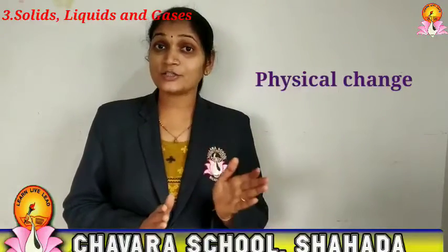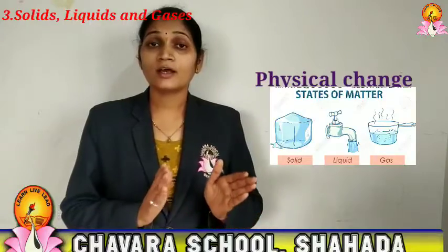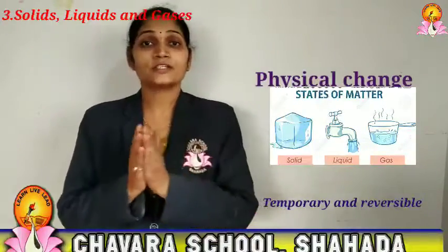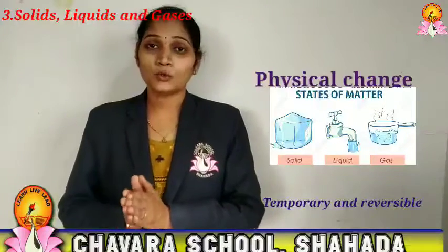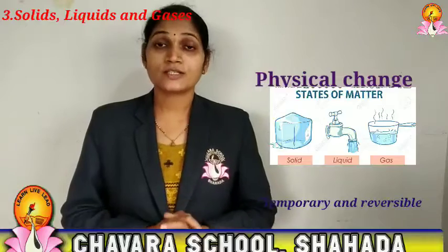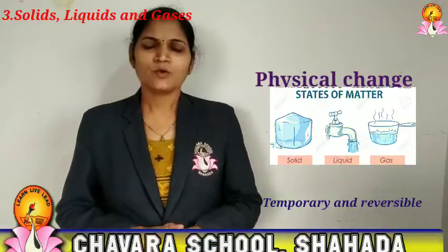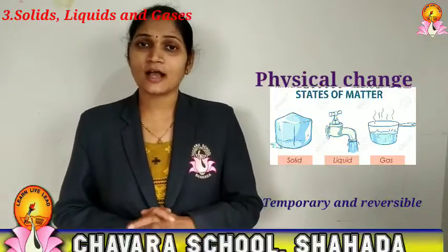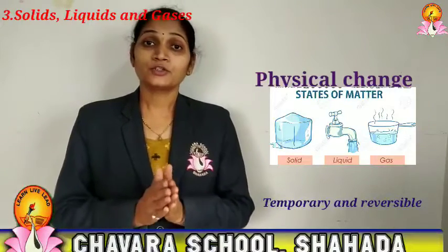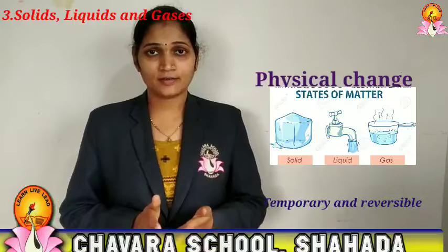Ice we can change into water by heating, and at the same time water we can change into ice by cooling. Such types of changes are called physical changes. Mostly physical changes are reversible, meaning it is possible to change back again.